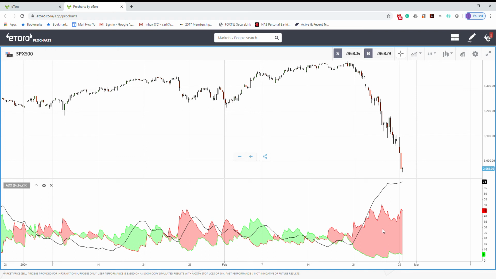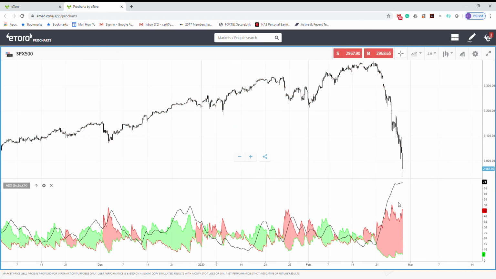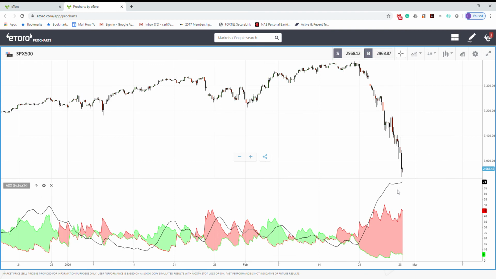Now we are in a downtrend. If the ADX line is above the other two lines, it means that we have a low point. And depending on this gap, the possibility of the low point goes higher and higher.